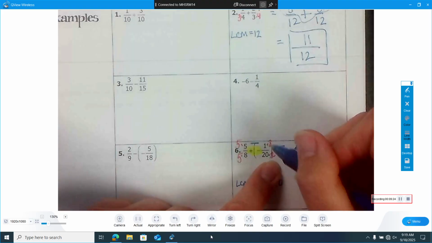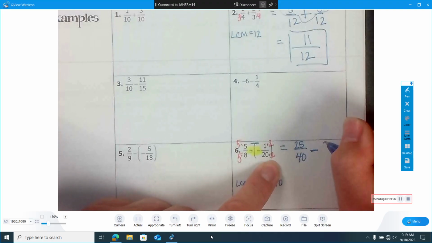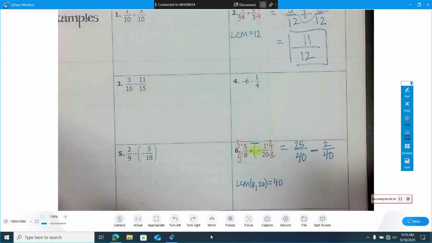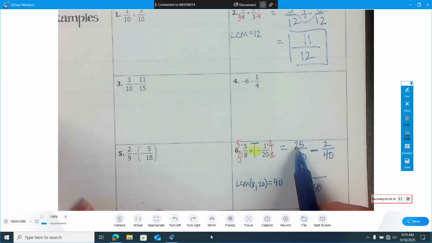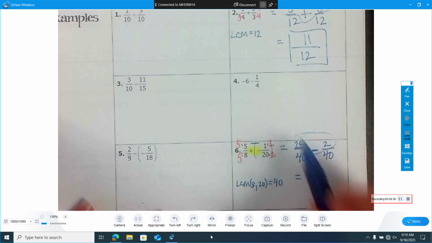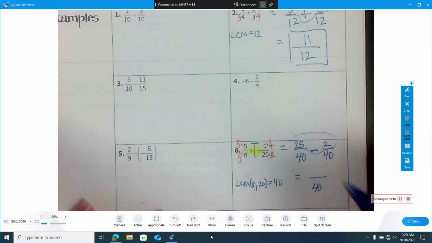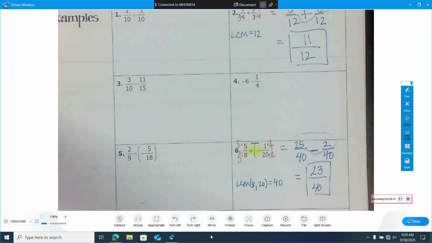And then my second fraction becomes 2 over 40. Now the denominator is 40, and I just have to worry about combining my numerators. 25 subtract 2 is 23, and that does not reduce, so we are done. Pretty good.